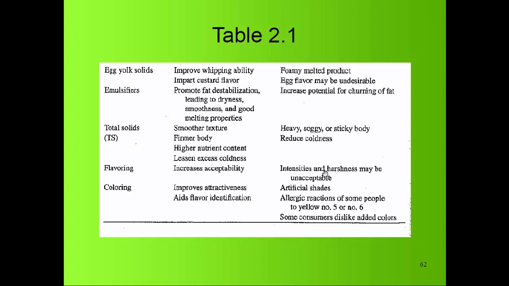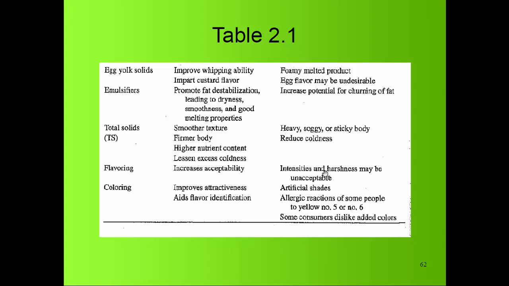There are emulsifiers, which promote fat destabilization, and they lead to dryness and smoothness and good melting properties. If we look at total solids, this provides a smoother texture, a firmer body, and a higher nutrient concentration. Flavoring increases acceptability.